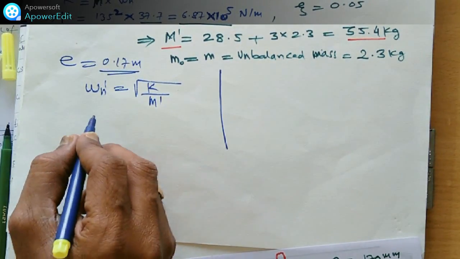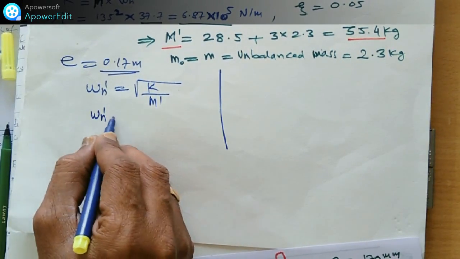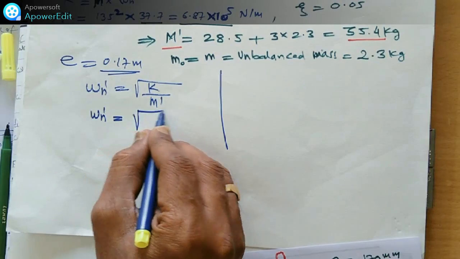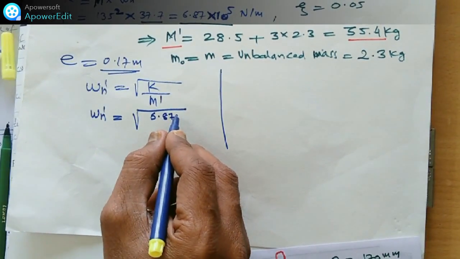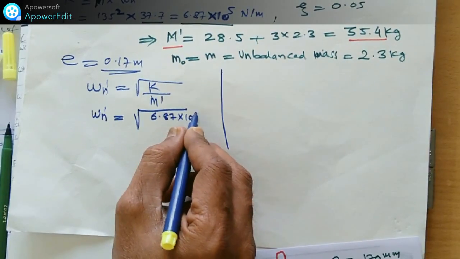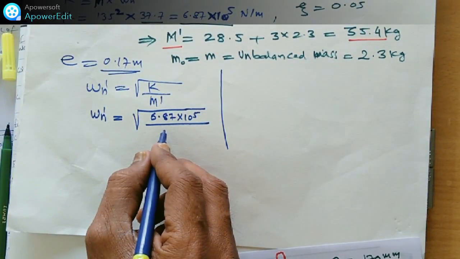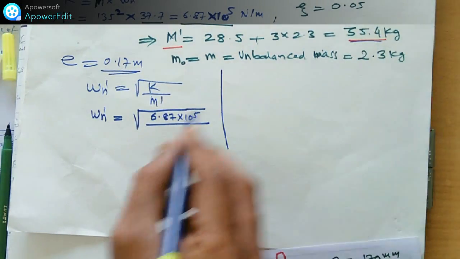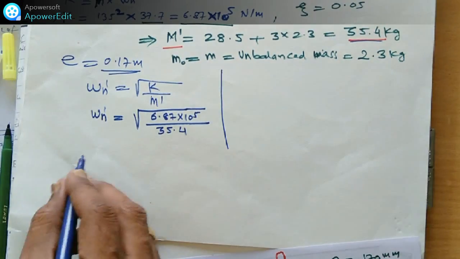Then omega n dash is equal to under root of this k, 6.87 into 10 raised to 5, which we have just calculated, upon the value of m dash, the modified value after removing one of the blades. Omega n dash is going to increase.